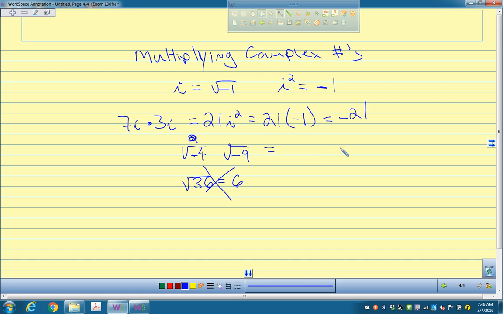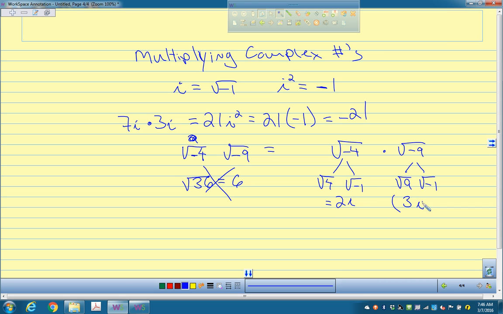Let's just do it over, okay? So I have the square root of -4, which can be rewritten as the square root of 4 times the square root of -1, which is equal to what? 2i, okay? Times the square root of -9, which can be written as the square root of 9 times the square root of -1, which is equal to 3i.